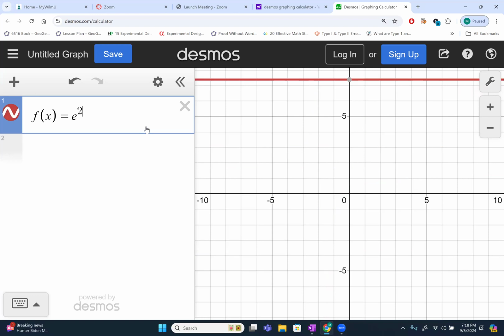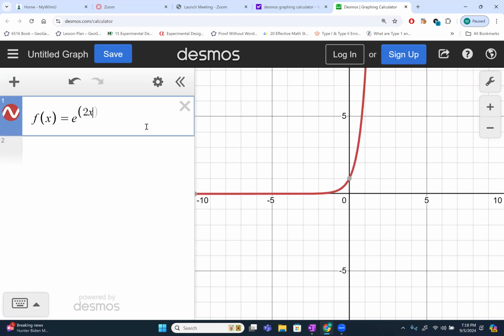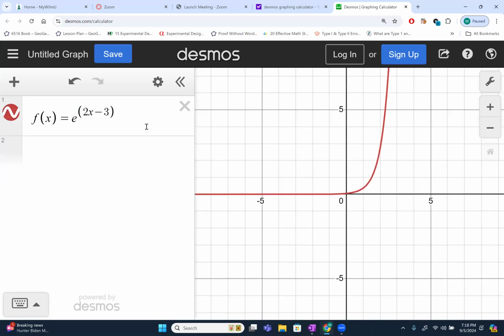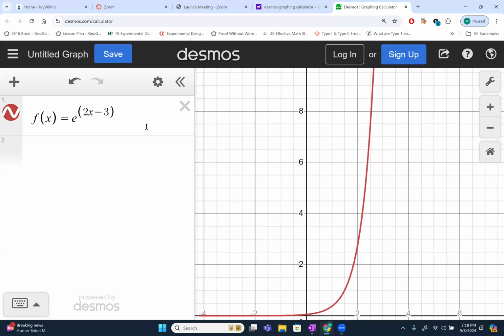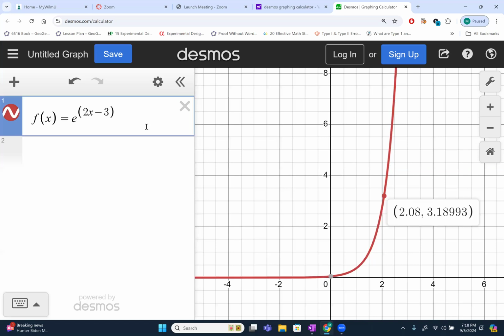There you go. It is continuous. There's no interruption. See how it keeps going? Continuous. So in this case, it's continuous for all x values.